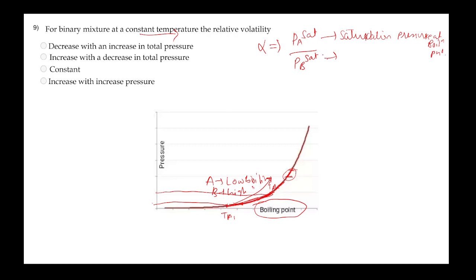A similar effect will be observed in PA sat and PB sat. Since alpha depends on the difference in the boiling points, as you increase the pressure, the difference in the boiling points reduces.